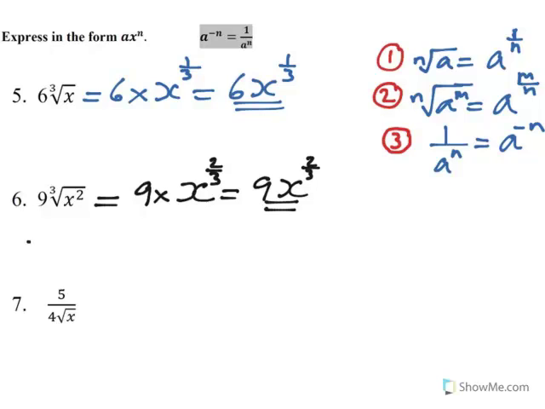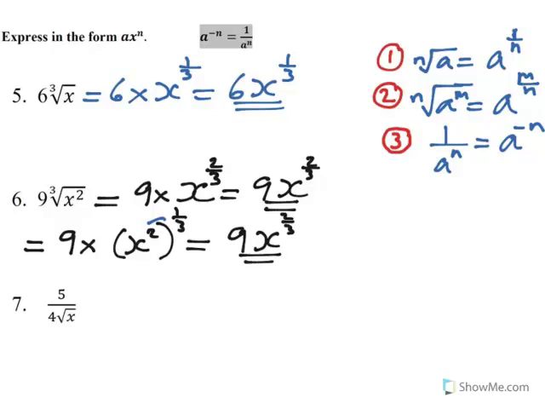But if I didn't remember the rule, then I could say it's 9 times x squared, cube root, based on rule number 1, means a power of a third. And of course, if you raise a power to a power, if you remember, you multiply the powers together. So you get 9x to the power of 2 times a third, 2 lots of a third, is 2/3. So we achieve the same answer.